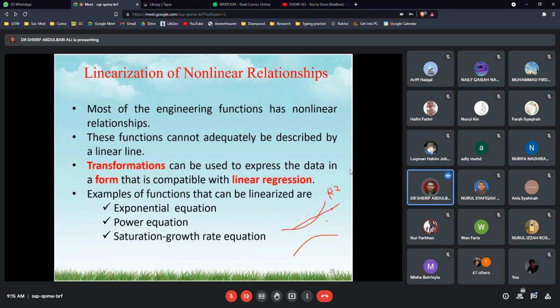Examples of functions that can be linearized are the exponential equation, the power equation, and also the saturation growth rate equation. These are the three equations that we can linearize.